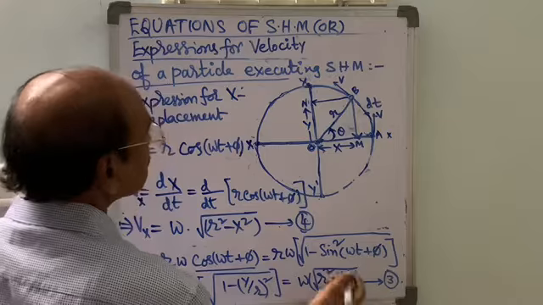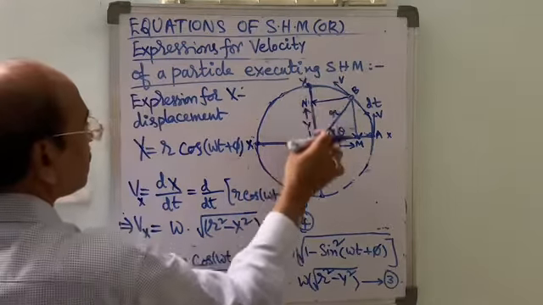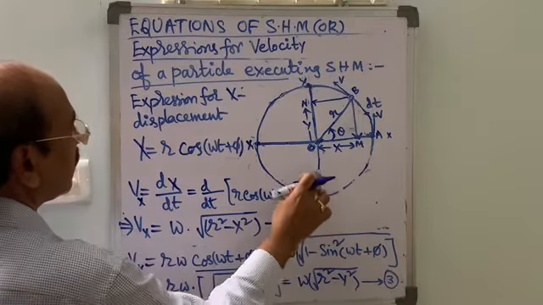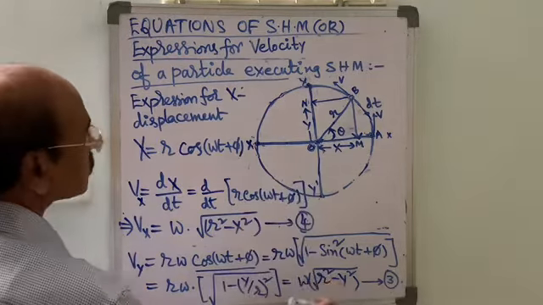Therefore, when R is equal to y, velocity is equal to 0 at the tips of the y diameter, and at the center, mean position, velocity is maximum. V equal to R omega when y equal to 0.